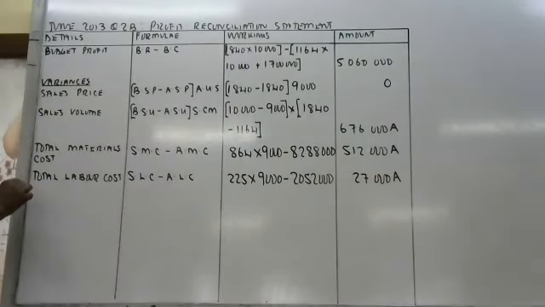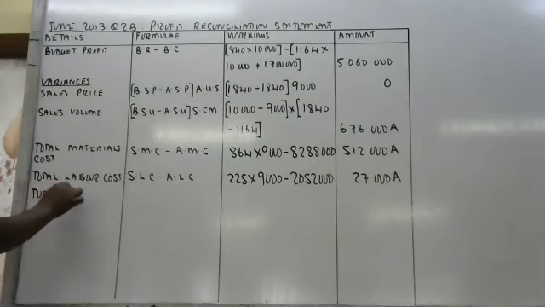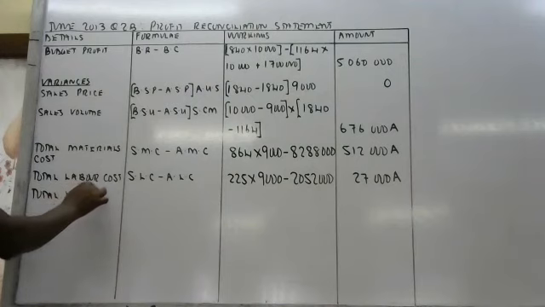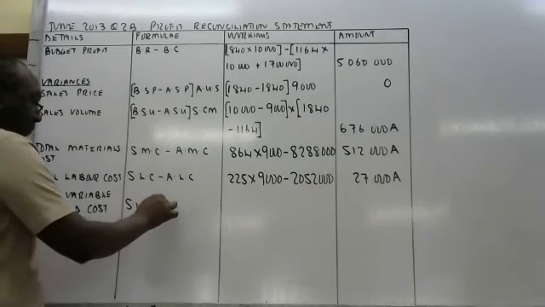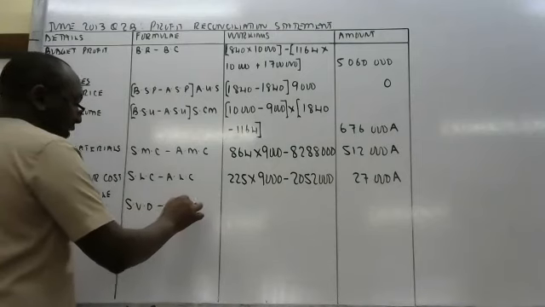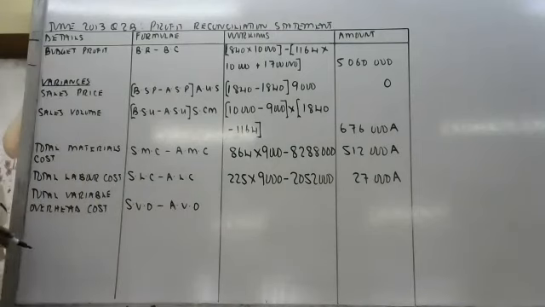Next, total variable overhead costs, which is standard variable overheads minus actual variable overheads.